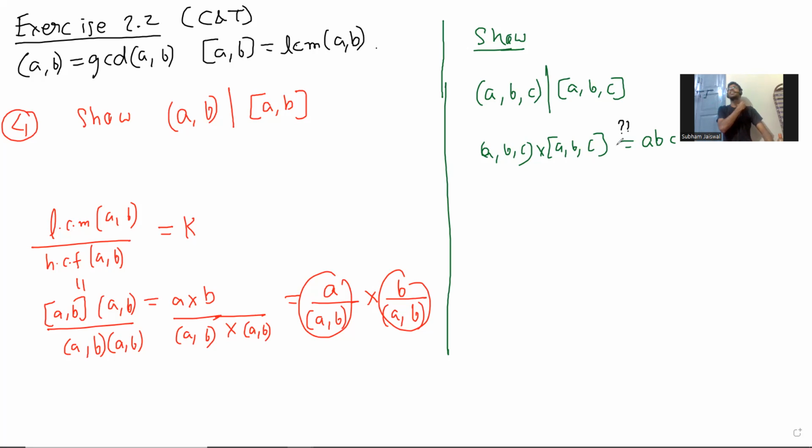Okay, let's see what others are saying. Take some other three numbers and try. Come on, everybody would try this. If everybody gets true, then I will say it's true, maybe. But someone should get that it's not true if it is not true.